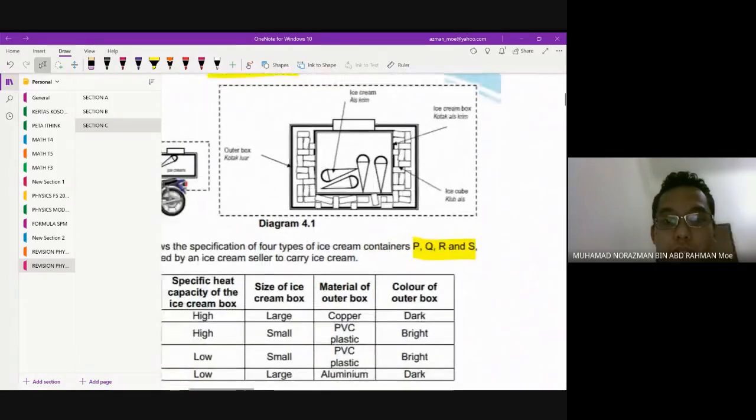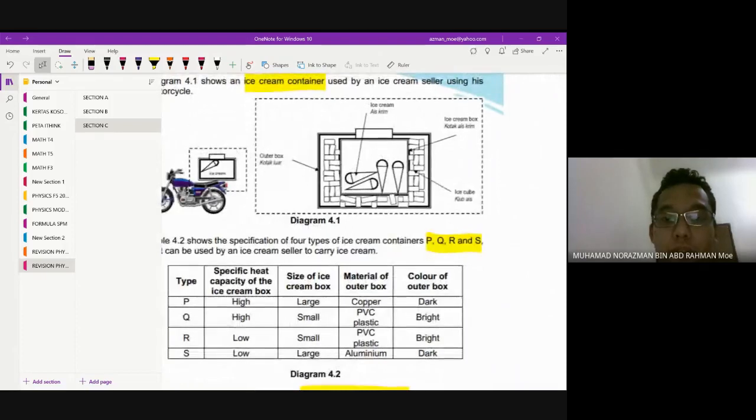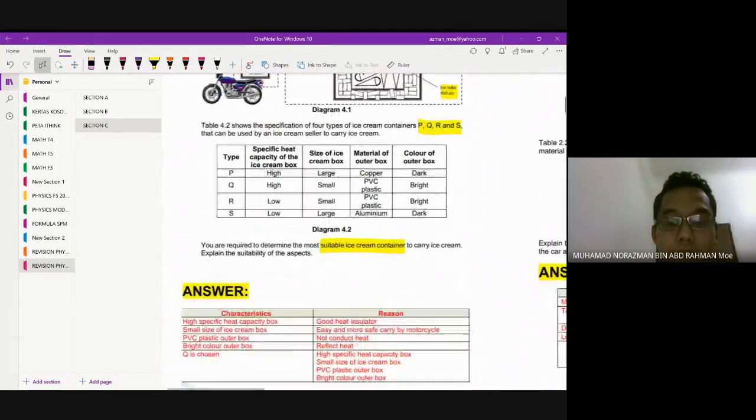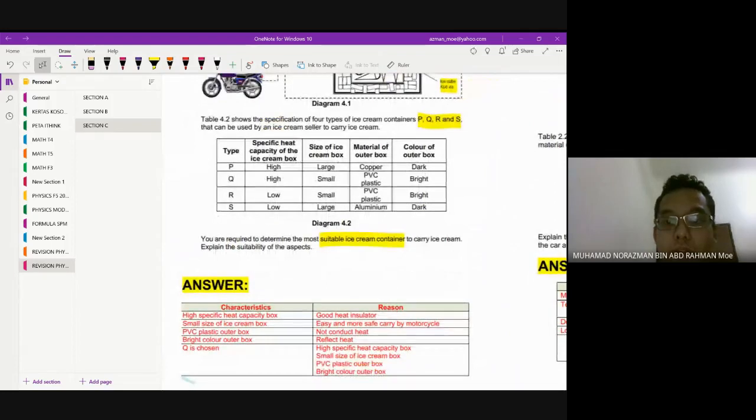Let's look at the diagram: outer box, ice cream box, ice cube. Now usually this question will consist of 10 marks. So we have 1, 2, 3, 4 characteristics.